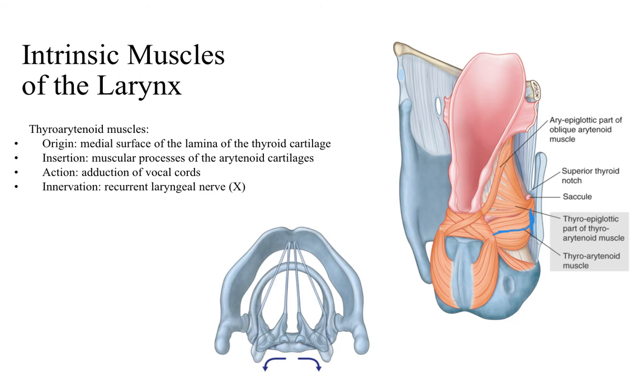They are going to be involved in adducting the vocal cords, because if we pull the posterior part this way, the anterior part is going to move inward, so adduct the vocal cords. Again, the recurrent laryngeal nerve is the innervation.